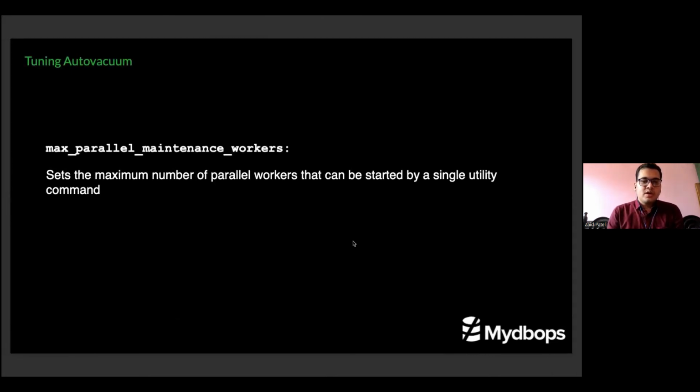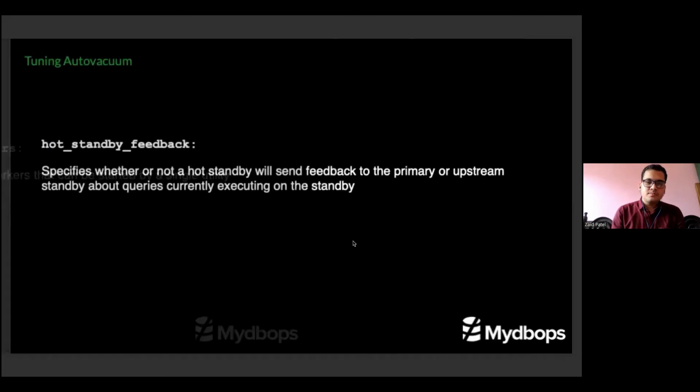Another important parameter is max_parallel_maintenance_workers. This parameter sets the number of workers that can operate in parallel, which can be started by a single utility command. So this variable takes care of the maintenance workers that are used for vacuum and analyze. The next one is hot_standby_feedback. This is used in a setup where we have primary and replica servers.